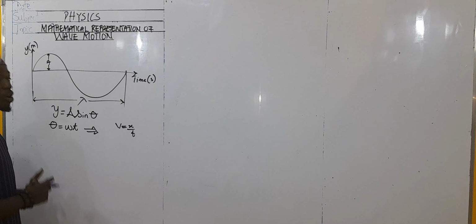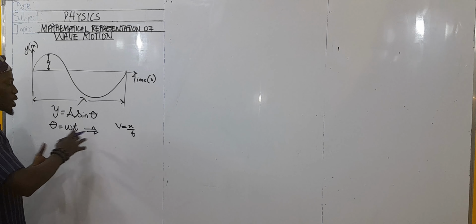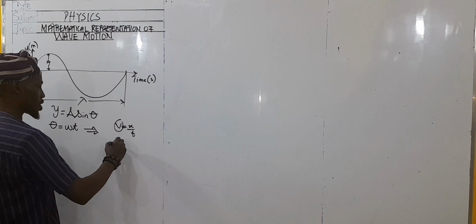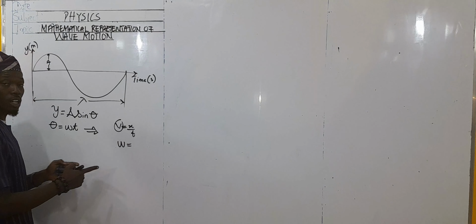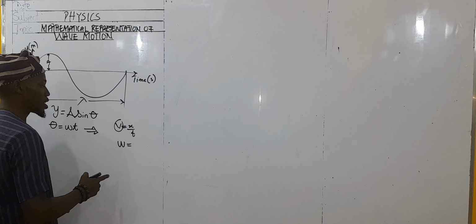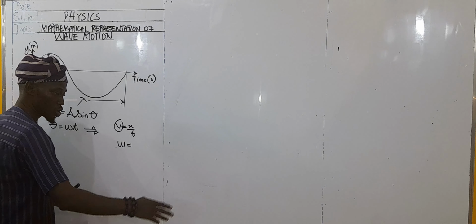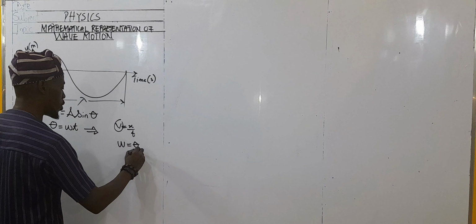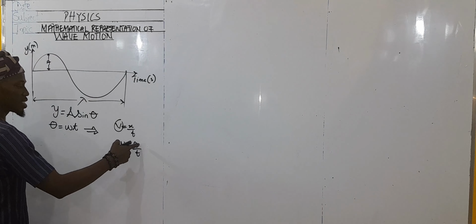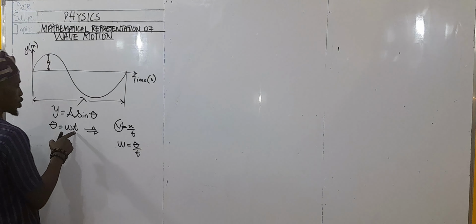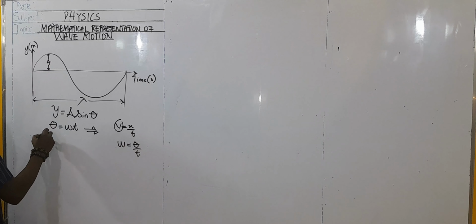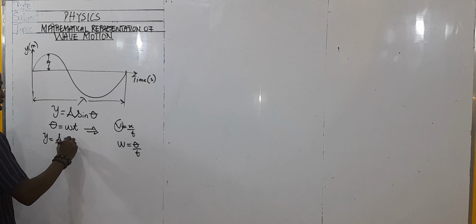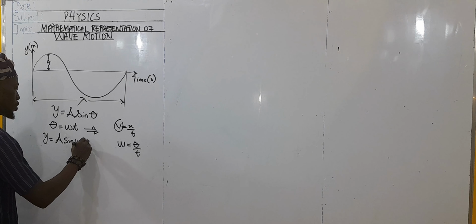But in the case of simple harmonic motion or circular motion, we're not using the velocity, we're using angular velocity, which we use omega to represent. And we're not talking about x position or distance, we're talking about something circular, so we're going to be using theta over time. So that's why theta equals wt. Okay, having said that, it means this equation equals A sine wt.